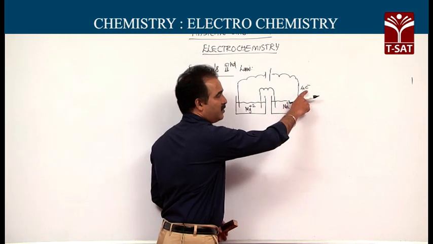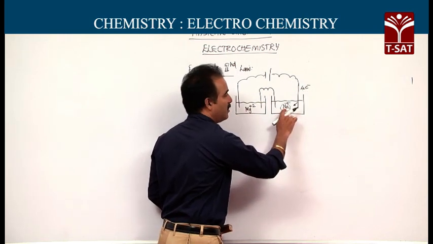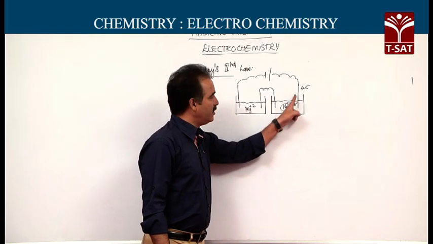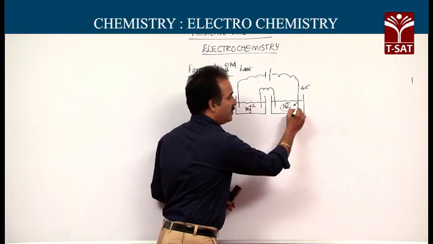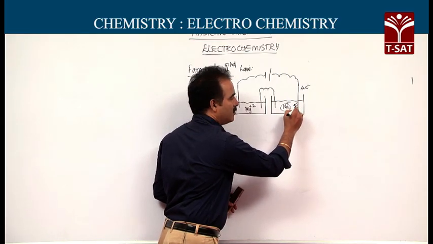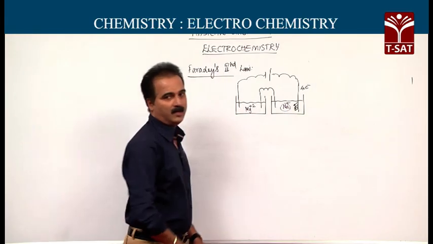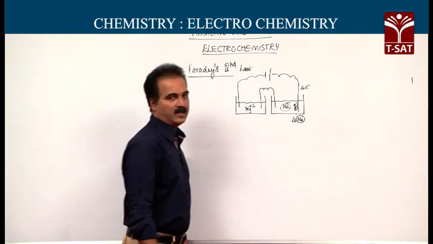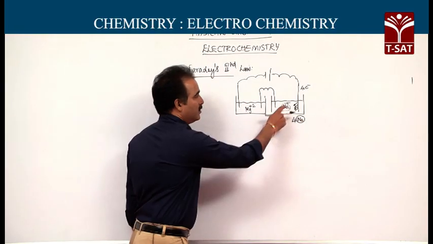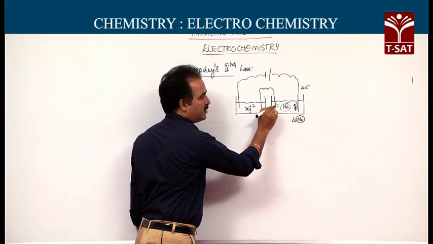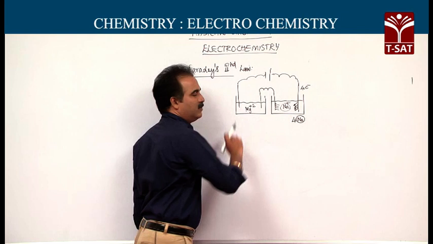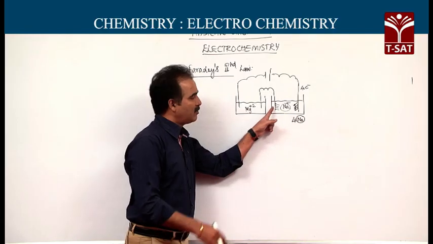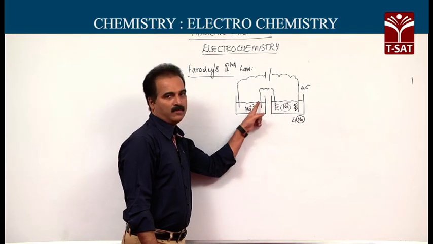Now, when you send the same quantity of current, how many sodium ions will deposit there? Each sodium ion has plus 1 charge, it needs 1 electron to deposit, and I am sending 4 electrons. So, you can say 4 sodiums deposit over there. The amount of sodium deposited is 4 sodium atoms. Now, the same 4 electrons will exit through the anode due to anionic oxidation. Whatever anion is there will undergo oxidation here, delivering the same 4 electrons.